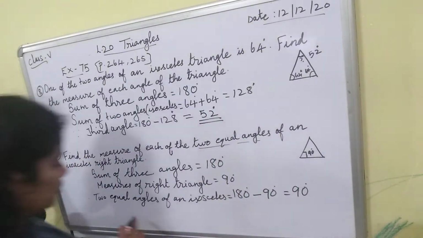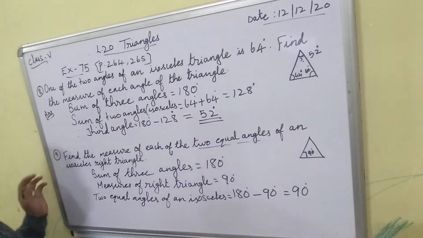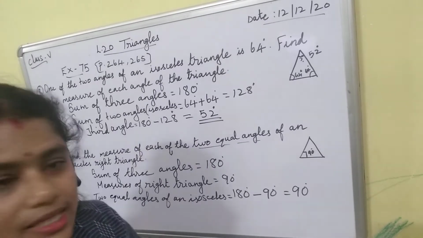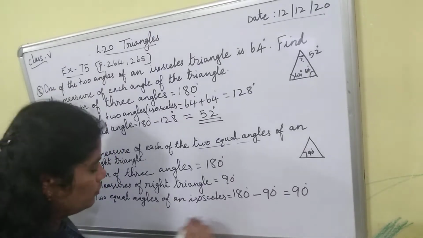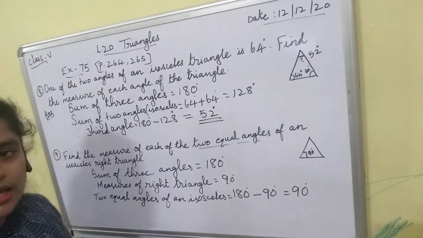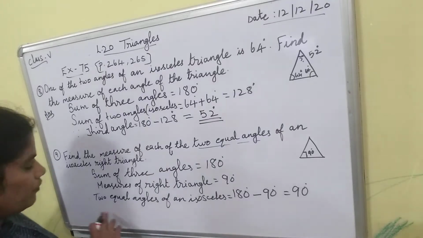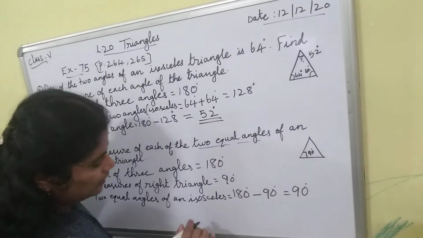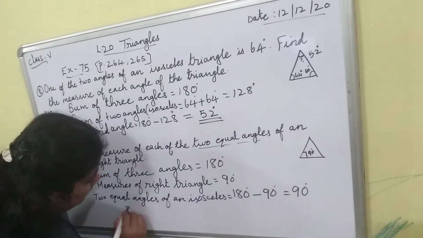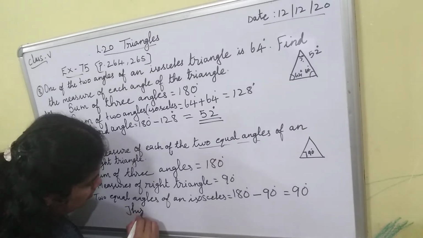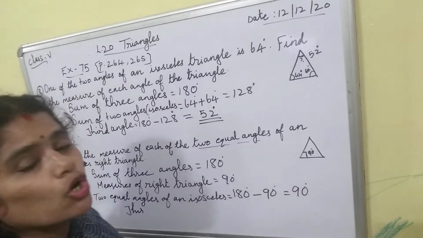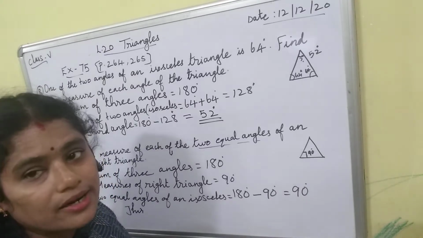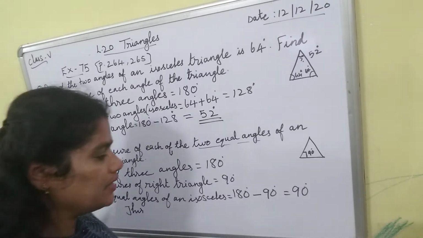So two angles already, two equal angles. So we have to find out each angle. This is the sum of the two equal angles of the isosceles triangle, 90 degrees.